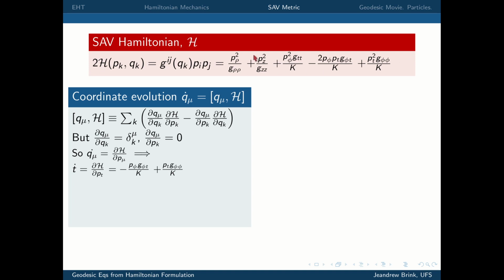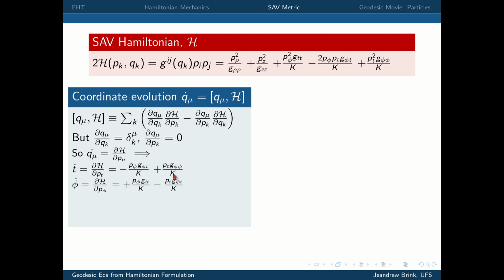Wherever pt appears, we get 2 times p phi g phi t over k, but we divide by 2 because of that 2 in front, with a minus sign, so that's our first term. Then the derivative with respect to pt gives 2 pt g phi phi over k, divided by 2, leaving pt g phi phi over k.